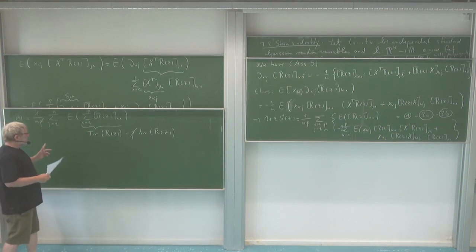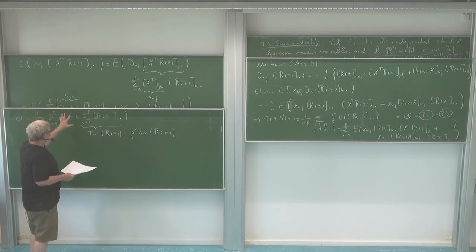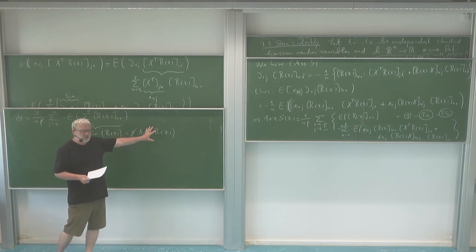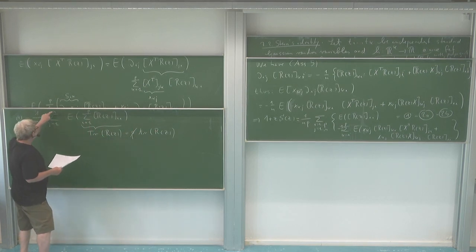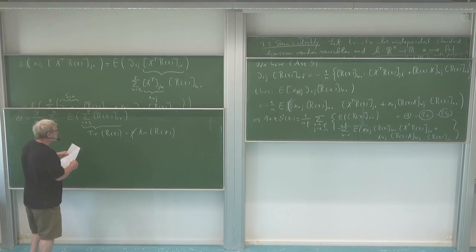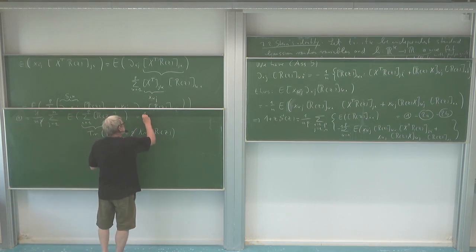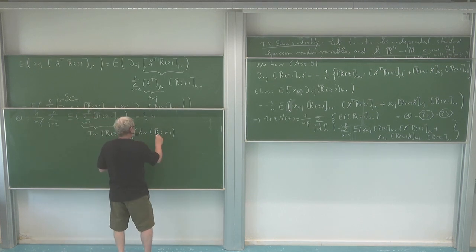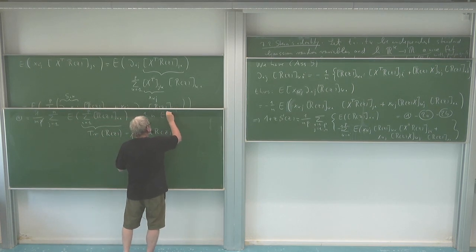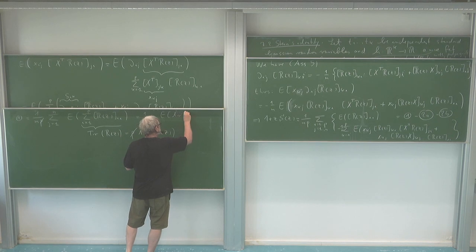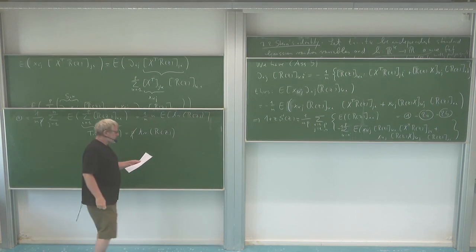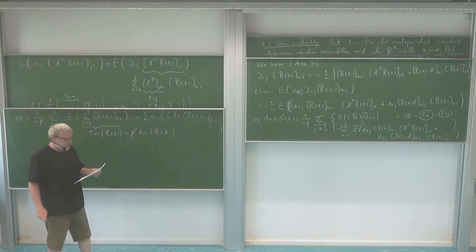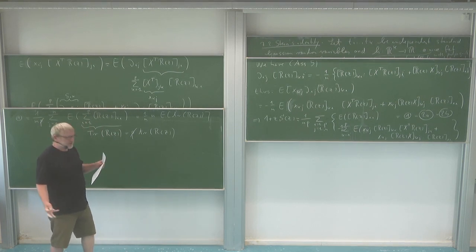Then we are summing here over j, but this result doesn't depend on j, so I just get n times the same result. I have this 1 over n here, but then I get n times the expectation of the normalized trace of the resolvent, and that's the Stieltjes transform.